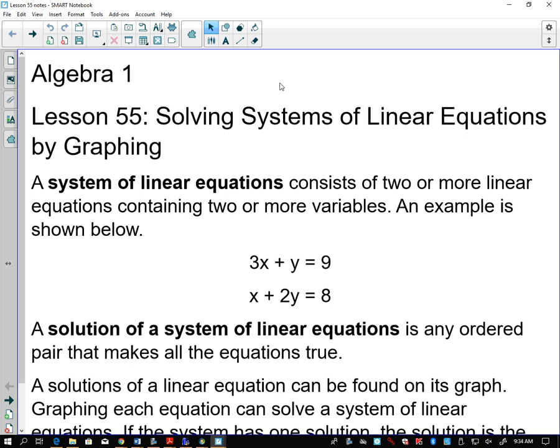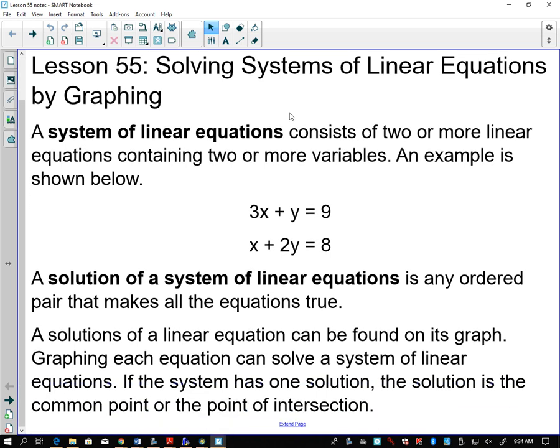So a solution of a system of linear equations is any ordered pair that makes all the equations, two or more, correct or true. A solution can be found on a graph like we've discussed, where we graph each equation. If the system has one solution, the solution is the common point or point of intersection.